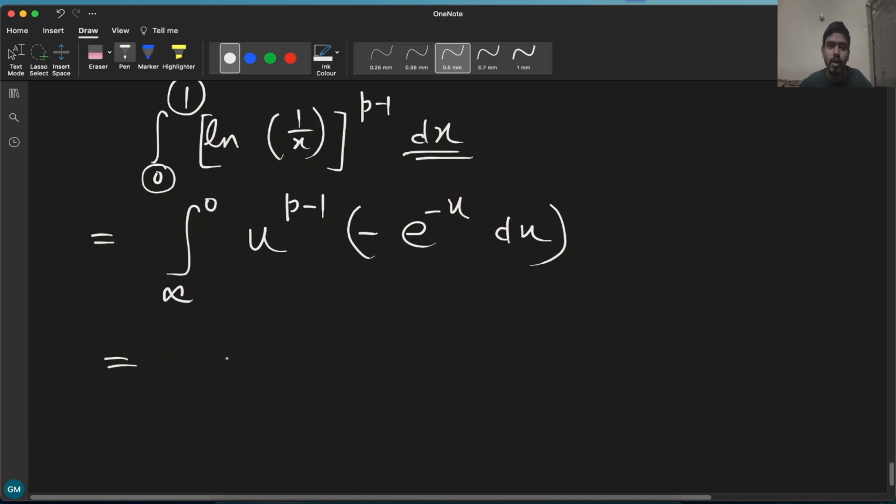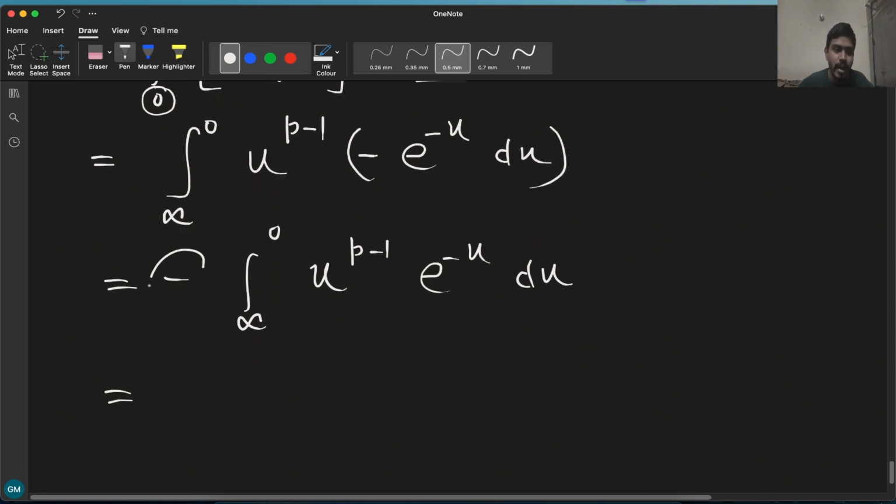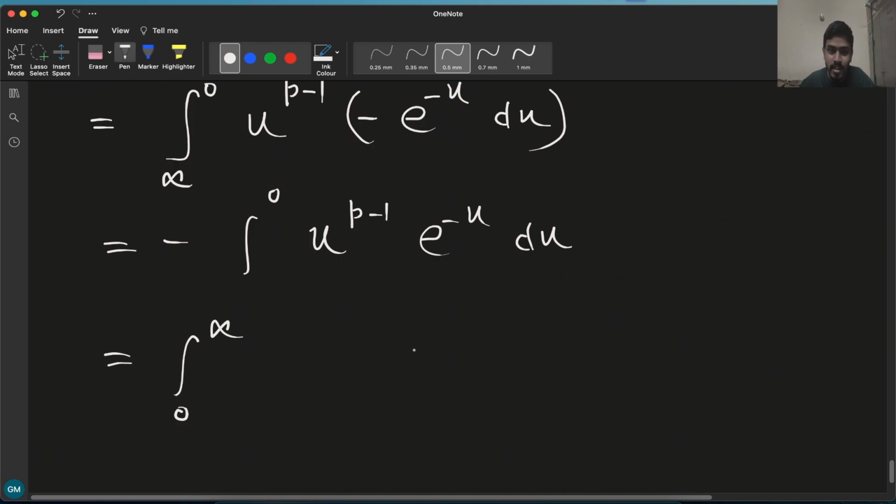And now I can put this minus outside this integration, so it will be minus integral from infinity to 0 of u to the power p minus 1 e to the power minus u du. And as there is a minus sign, I can just interchange this limit. So I can absorb this minus sign and write it as integration from 0 to infinity instead of from infinity to 0. Why is that? The answer is very simple.